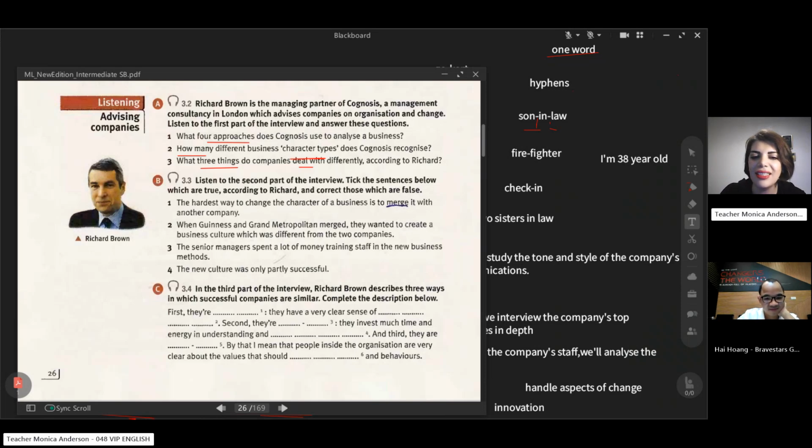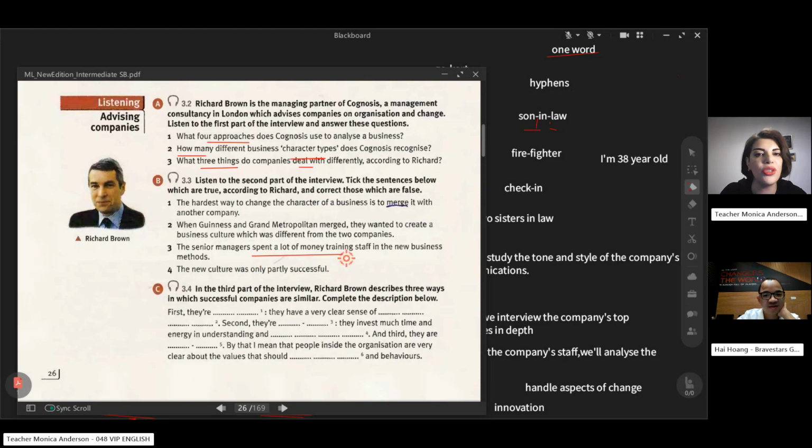So, listen. A very clear vision. They were very specific about how the new business would be run. They laid out clear values and ways of working for staff, and they backed this up with a huge investment in staff training. Could you hear? They backed this up with a huge investment in staff training. So investment means, yeah, true.